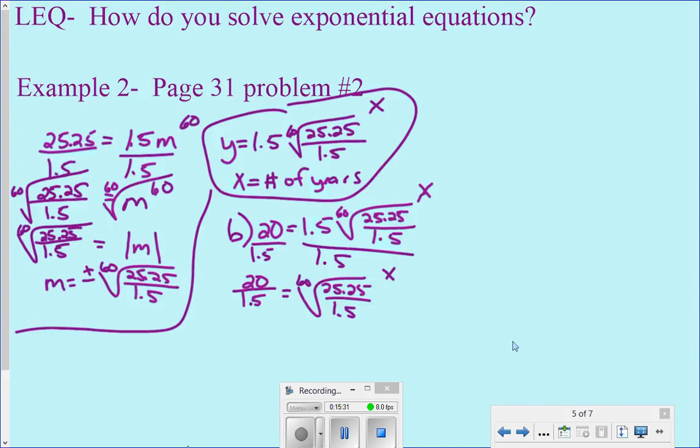Okay, so next I see that I have a variable exponent. So this is exponential, which means I do want to take the log of both sides on this one. Variable exponent solving, you want to take the log of both sides, which allows me to bring the x down.